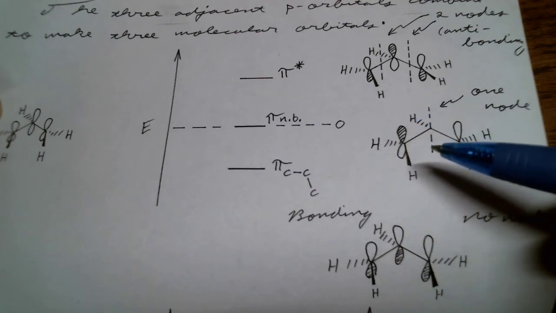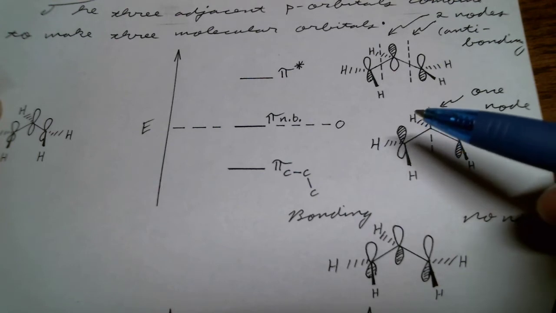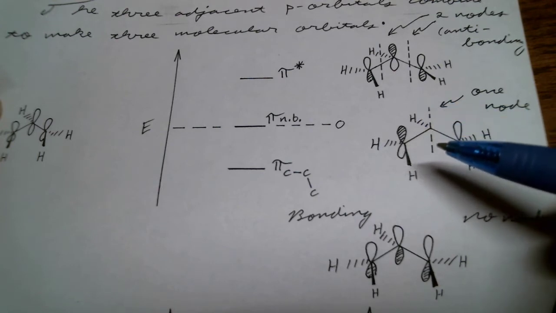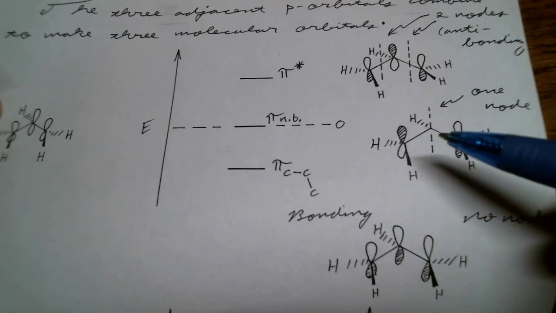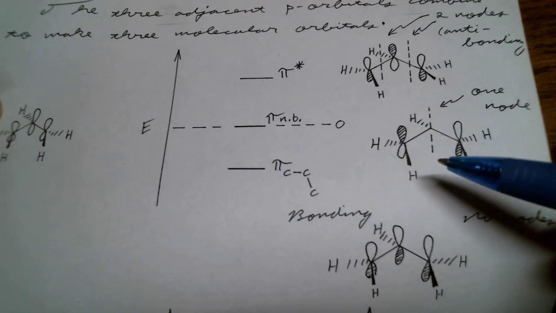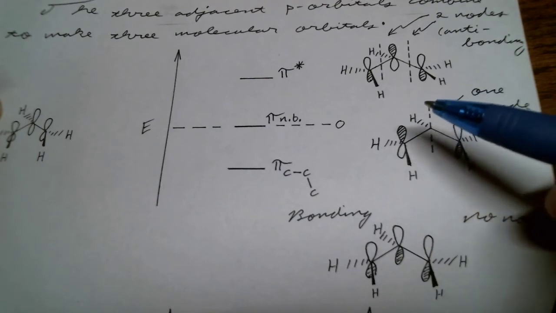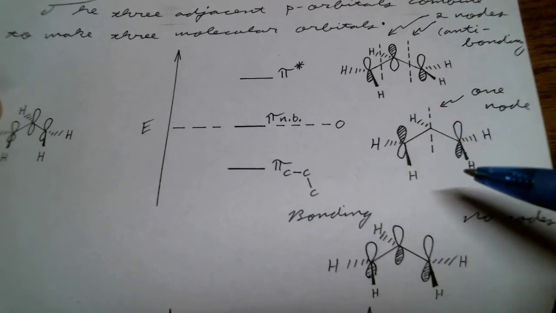Oh my gosh, what happens if there's a node that falls directly over an atom? Notice I didn't even draw lobes on that carbon. Why? Because what does that vertical node mean? That means there can be no electron density in that vertical space, right? Which means there are no lobes associated with that carbon atom.